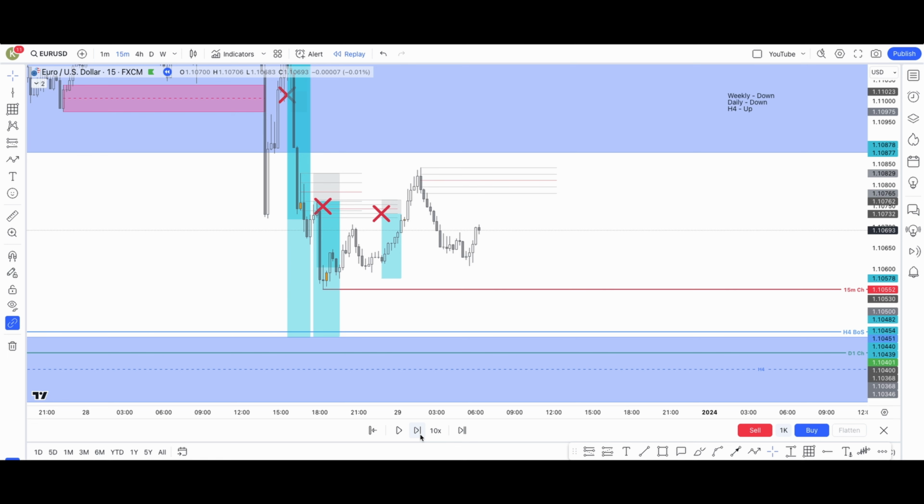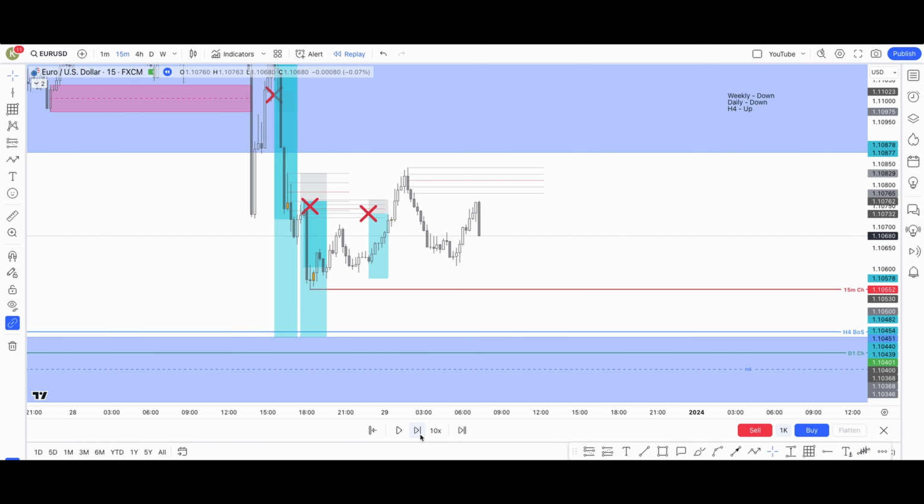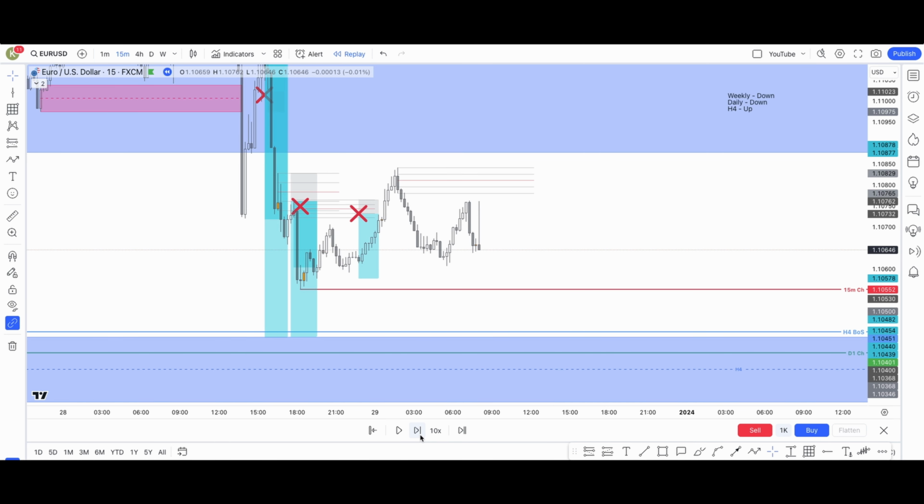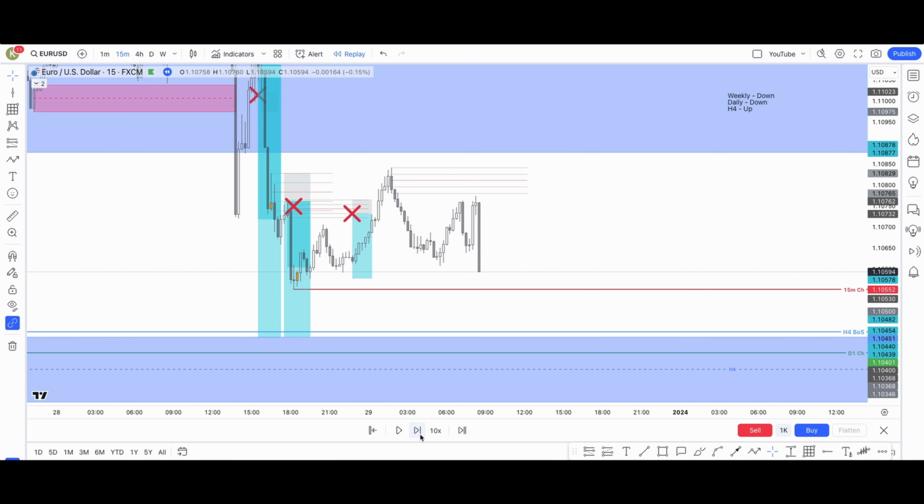Okay. Looking better. Okay. There, nice. An internal. So it's internal to here. And we got that as an internal. And let's swap that. We've got mitigation.